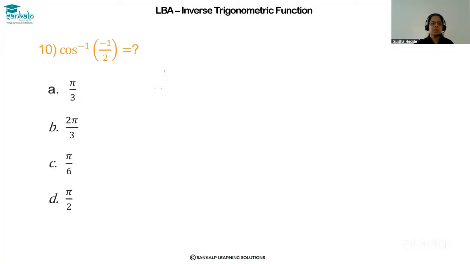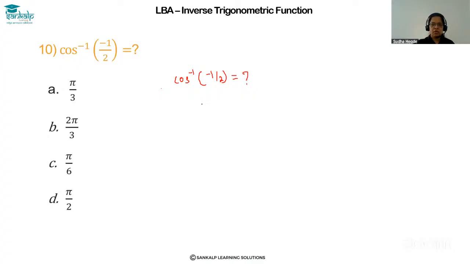Hi students, the question is cos inverse minus 1 by 2 is equal to what? Option A pi by 3, option B 2 pi by 3, option C pi by 6, option D pi by 2.